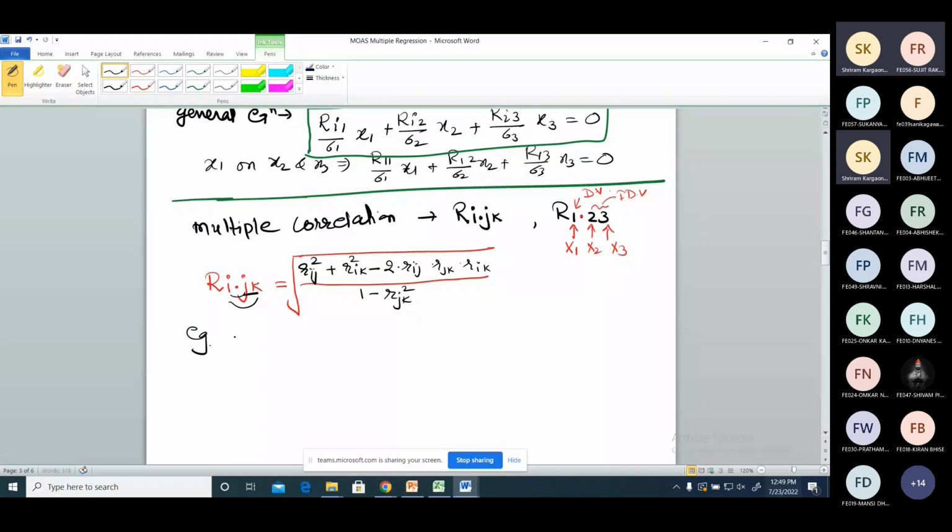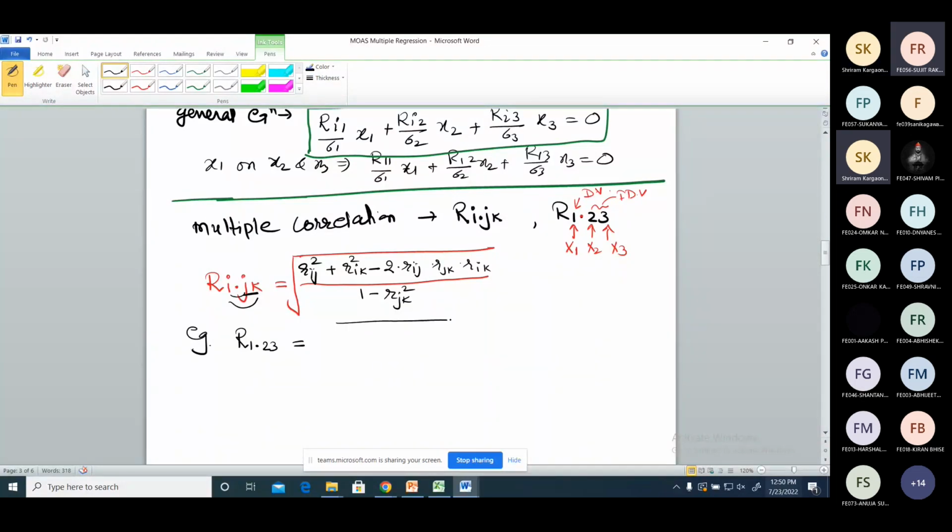Suppose you want R1 dot 23, the multiple correlation of x1 with the other two. So how to get this formula?